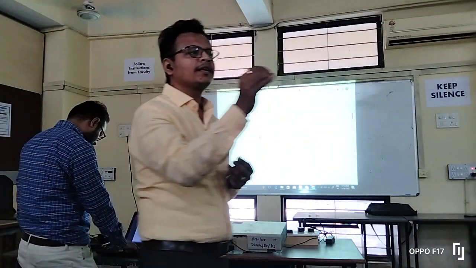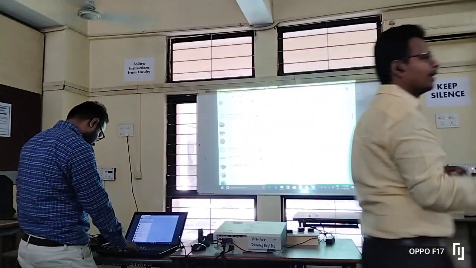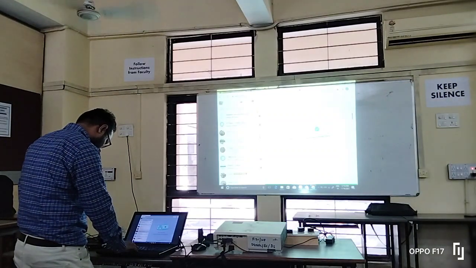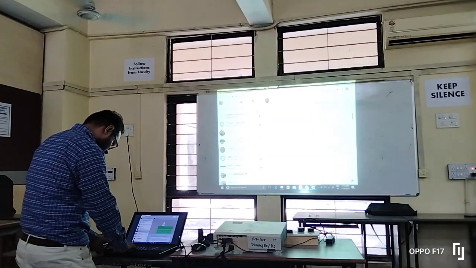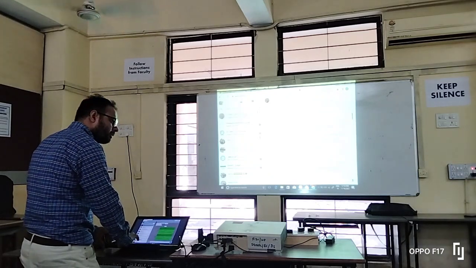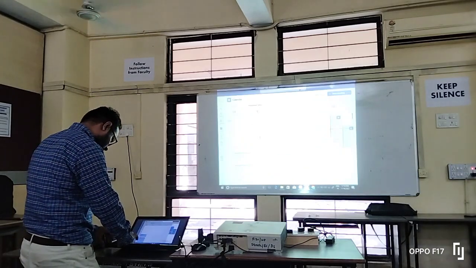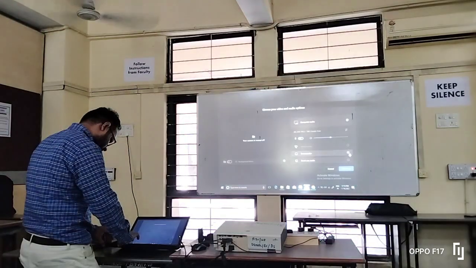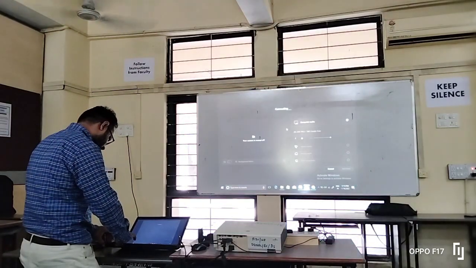When you are in electronics, not only electronics, nowadays in each and every branch you require this, because when you deal with the real world, electronics comes everywhere, in mechanical also.